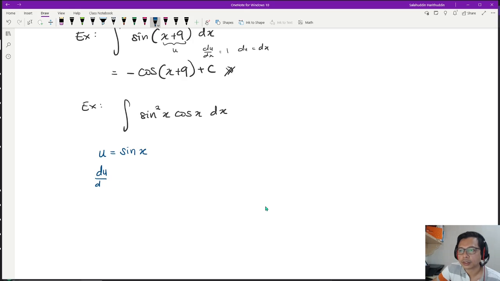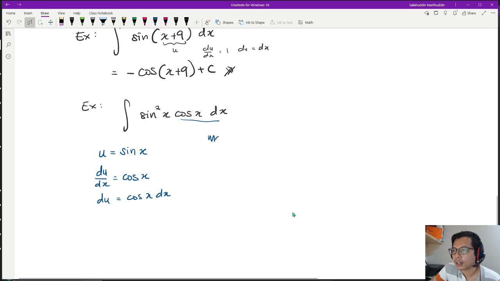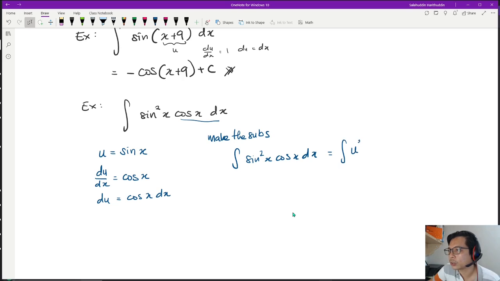All right, here. So du dx is cosine x. So in this case, du is equivalent to cosine x dx. That's nice, because then I can replace this with just du. So make the substitution. What I got here is sine squared x cosine x dx, which is equivalent to u squared du, since I've already replaced sine x with u.